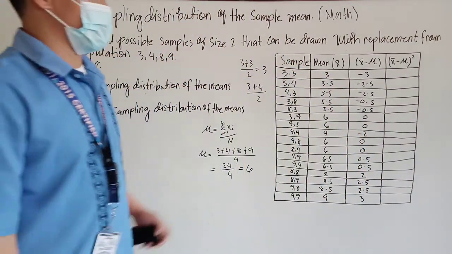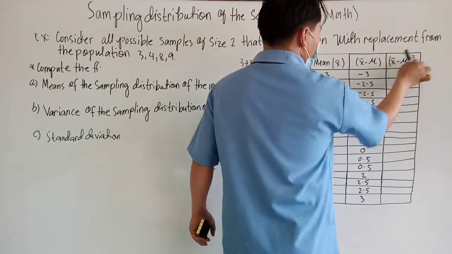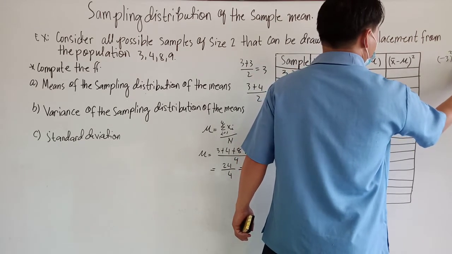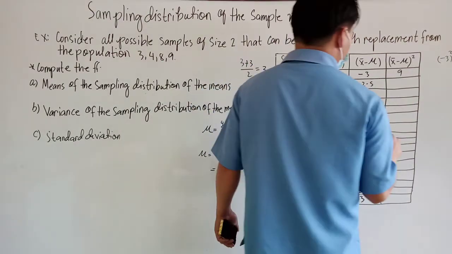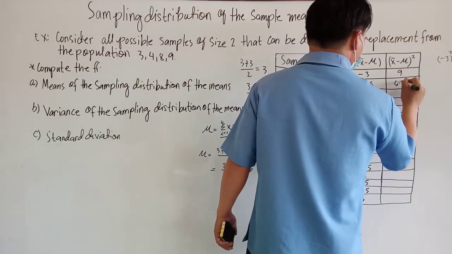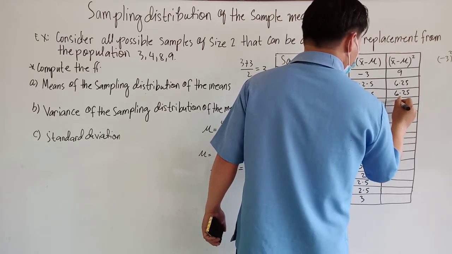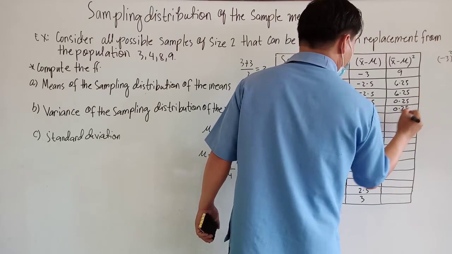Then we have to square. Negative 3 to the power of 2, the answer is 9. Negative 2.5 to the power of 2 is 6.25. This one is the same, 6.25. Then 0.25, 0.25.